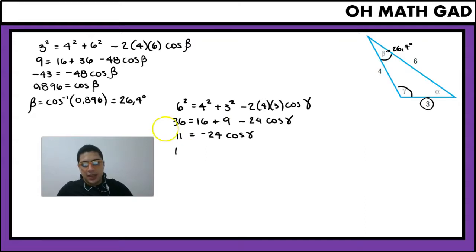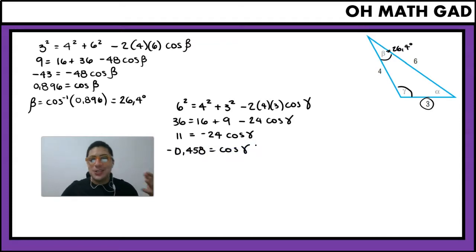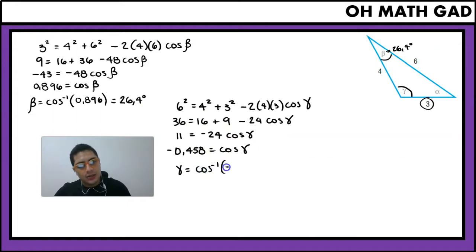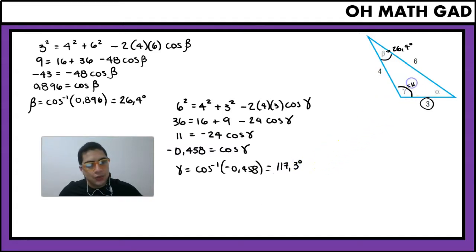And that is going to give us a value of negative 0.458. And that is going to be the cosine of gamma. But again, we do not want the value of the cosine of gamma. We just want gamma alone. So this cosine is going to move to the other side as cosine inverse of the value. And that is going to give us a value of 117.3 degrees.